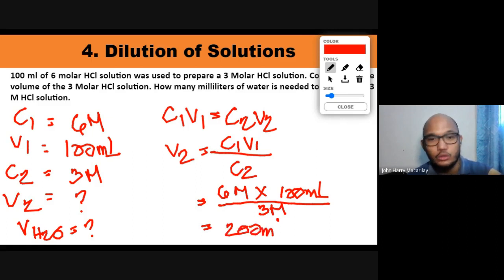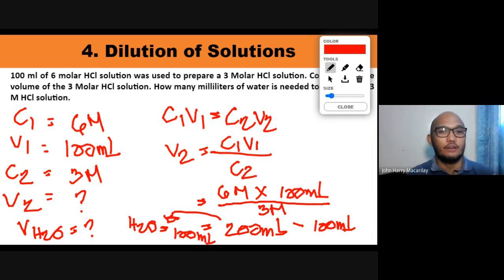So if we dilute 100 ml of 6 molar hydrochloric acid to 3 molar hydrochloric acid, we will prepare a total volume of 200 ml. So how will we determine the volume of water? We subtract our initial volume, which is 100 ml, from our final volume. So the volume of water is equivalent to 100 ml. Okay? So that is the volume of the solvent that will be used in preparing the 3M hydrochloric acid.